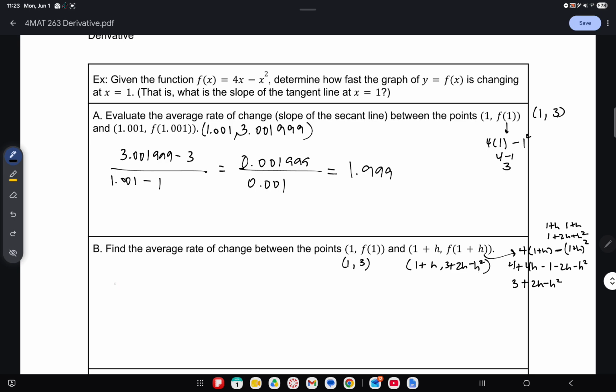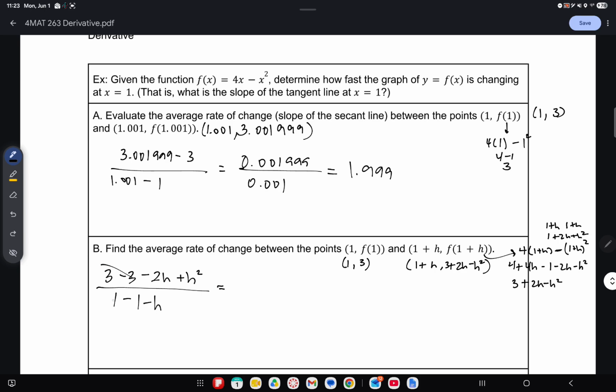And so if we want to find the rate of change from there, let's do y, and then minus the y value, so I'm going to subtract all those over: minus 3 minus 2h plus h squared, all over 1 plus h minus 1, so minus 1 minus h. And let's simplify.